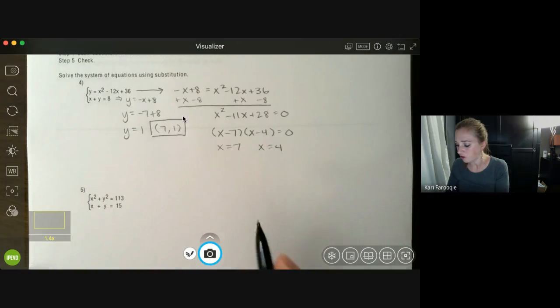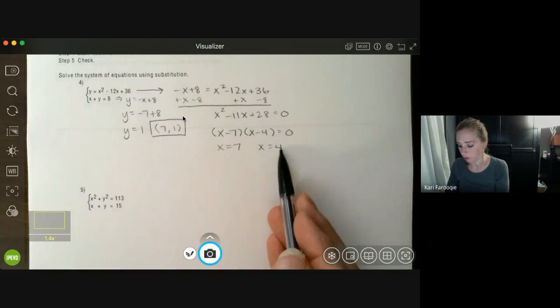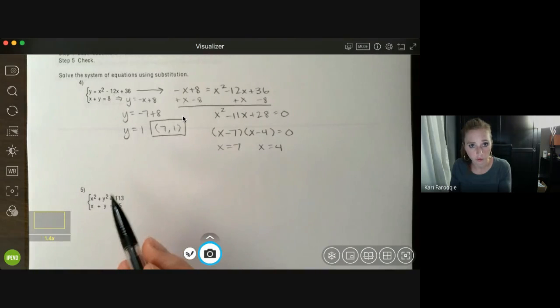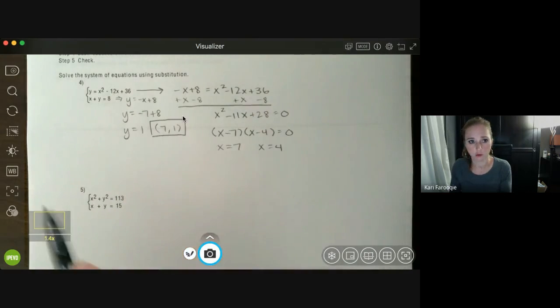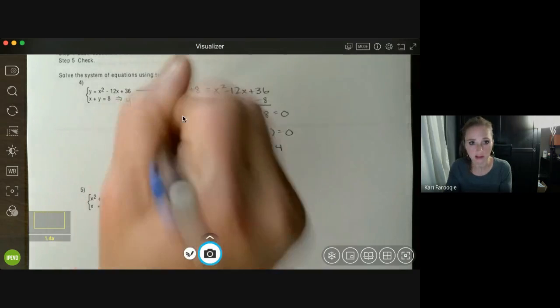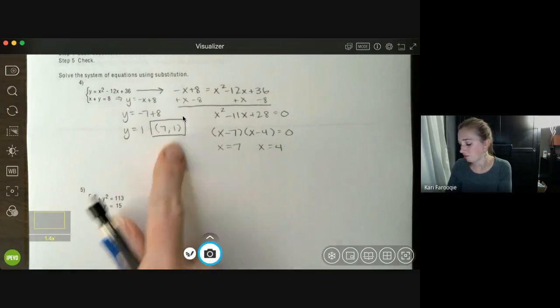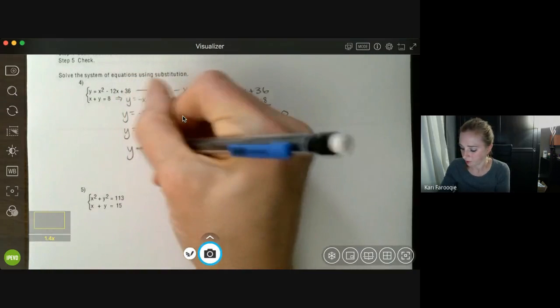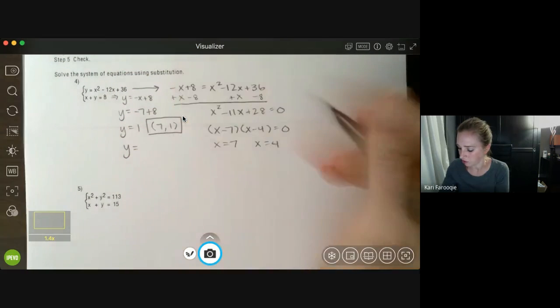So if you just get to the end and circle these two and circle the next two, I don't know which one goes with which. Yeah, I can technically follow your work back and figure it out, but you need to write that down and tell me. So when it's a system of nonlinear equations, you're going to have to write your solution as an ordered pair. And I will try to remember to write that into the instructions.